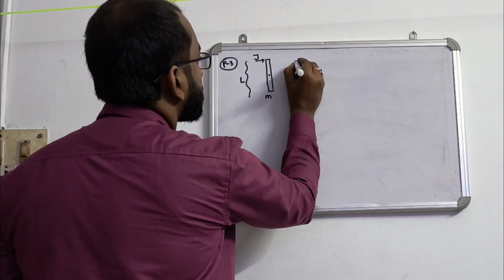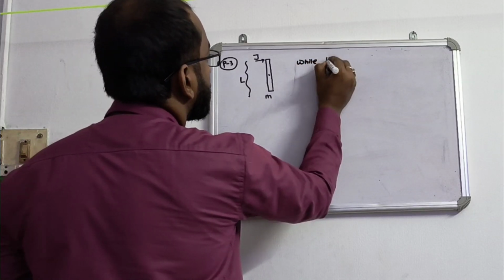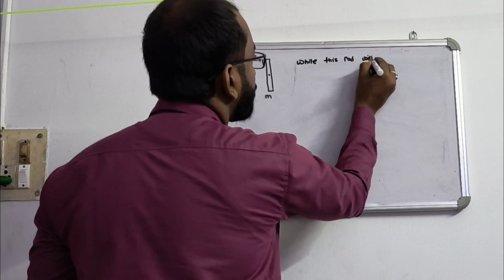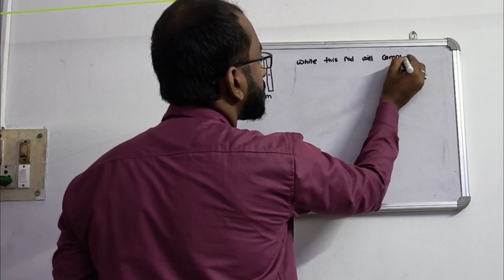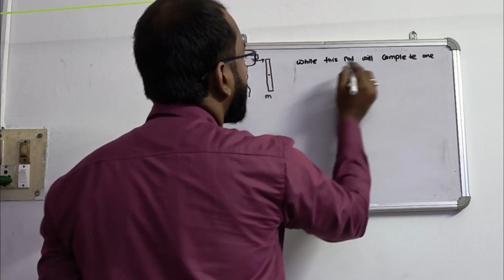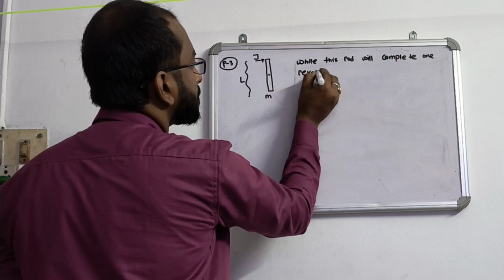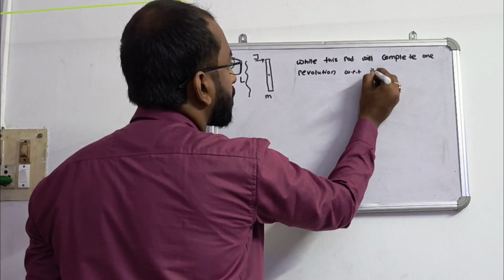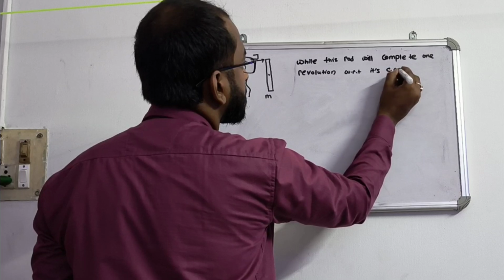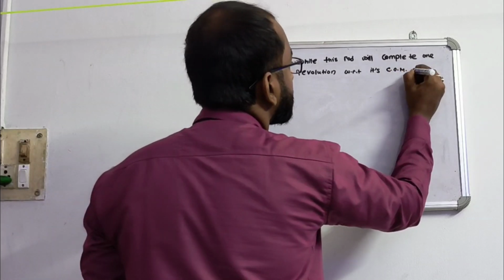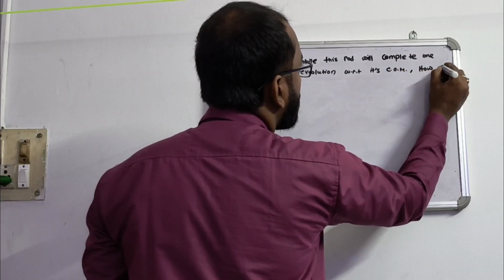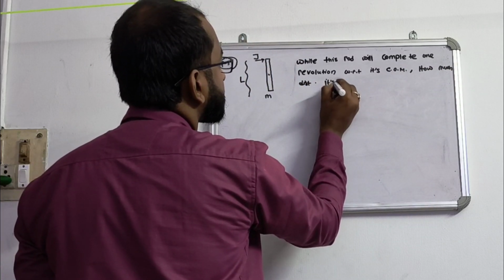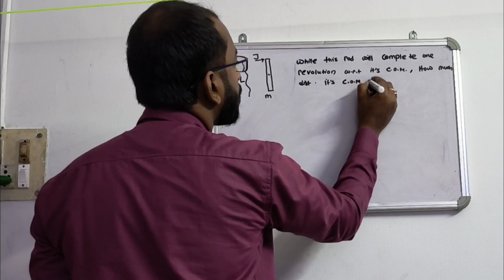You have to find out, when this rod completes one revolution with respect to its center of mass, how much distance its center of mass will go forward.